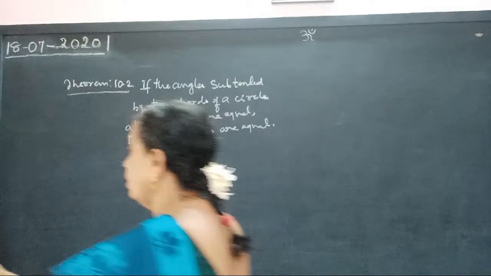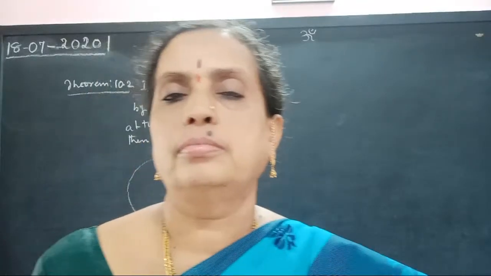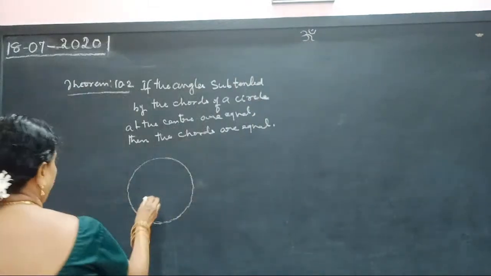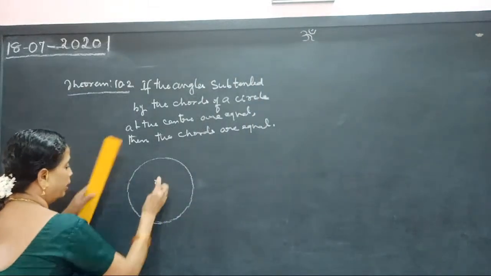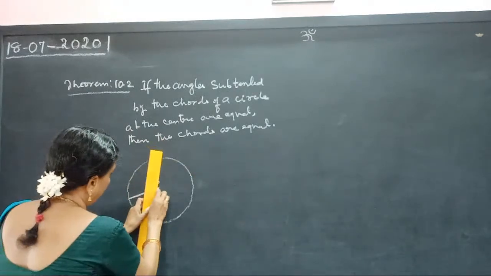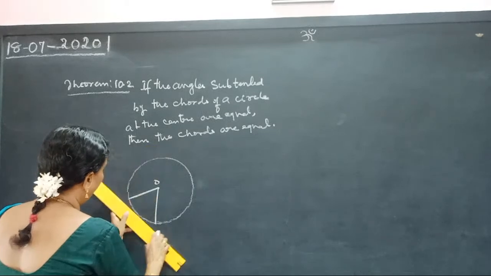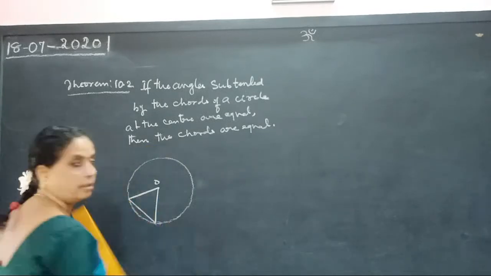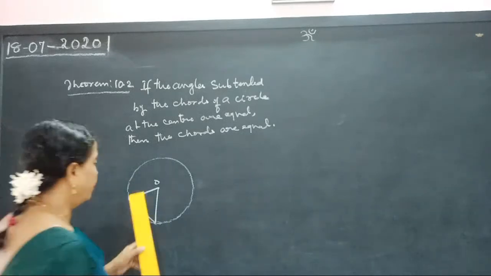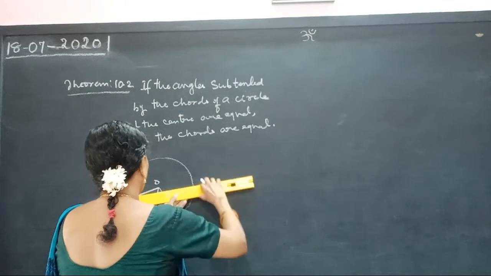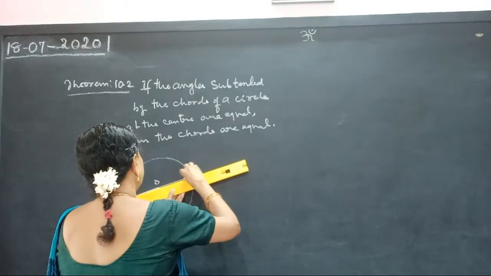Draw a circle of any radius with center O. The condition: they are subtending equal angles at the center. Chords which subtend equal angles at the center are equal.